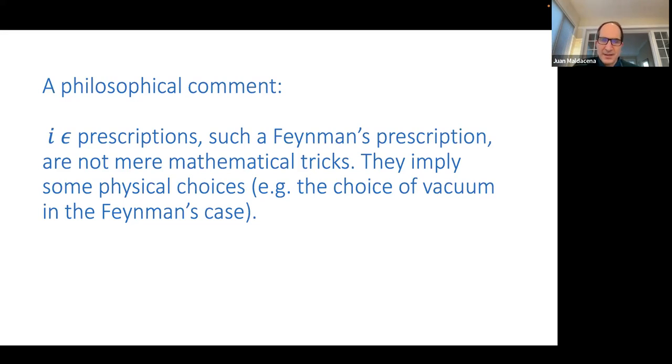That's one thing that one would like to understand better. One question we were trying to understand, and whose answer I don't know, is whether this I epsilon prescription is responsible for having a non-factorized answer between the left and right side.